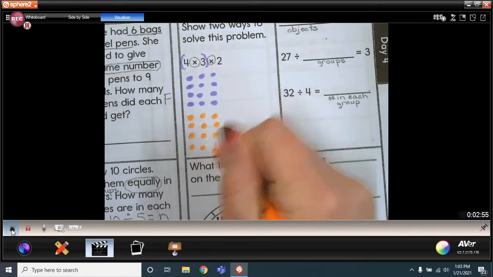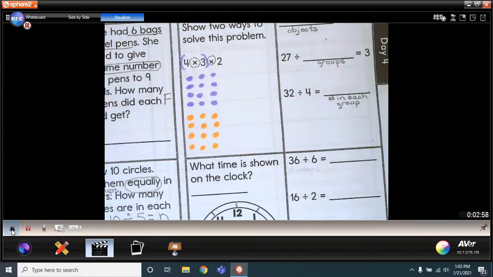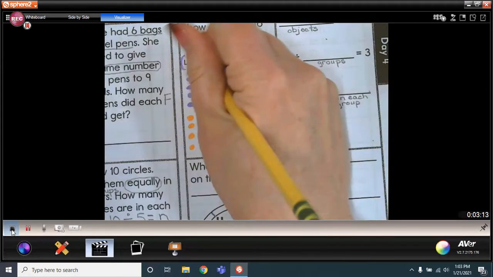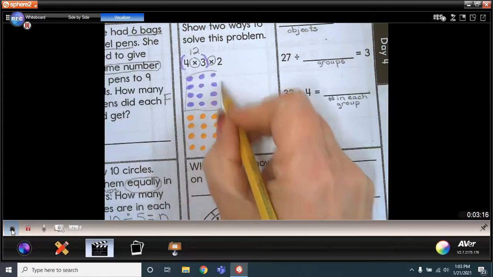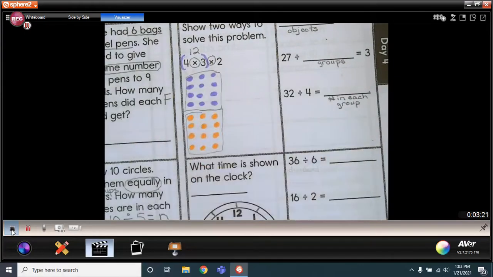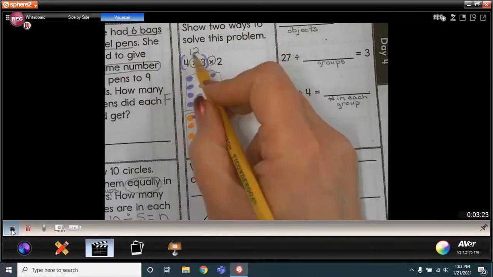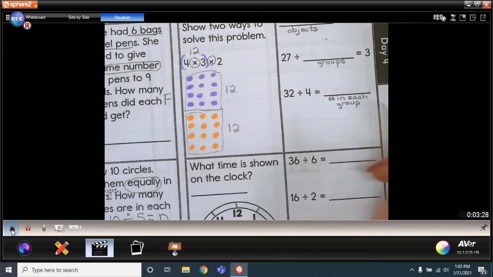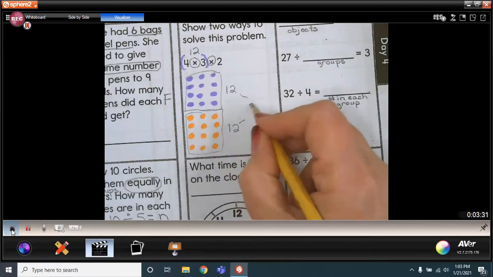Again, this is not the distributive property, but it's kind of similar to it because if I know what 4 times 3 is, 4 times 3 is actually going to be 12, right? And that means that I have 12 here, and I have another 12 here. And 12 2 times is going to give me 24.